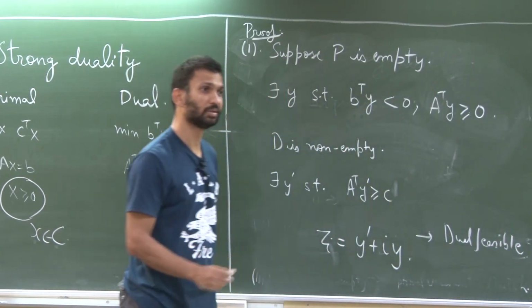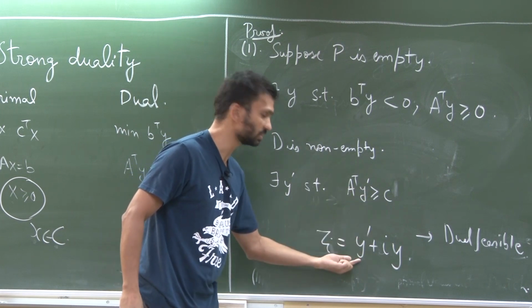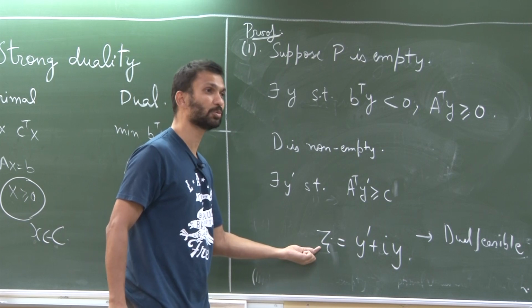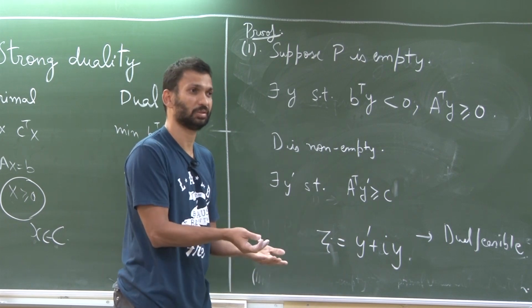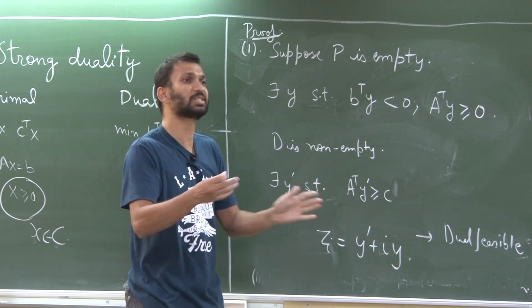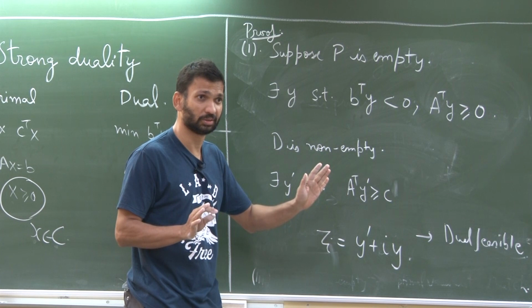Everyone agrees? This is also dual feasible because A transpose y prime is greater than C, A transpose y is greater than or equal to 0. So A transpose Zi is also greater than or equal to C. You take a positive quantity bigger than C, you add a positive thing, it will still remain bigger than C. Again, these are vector inequalities, by the way, right?